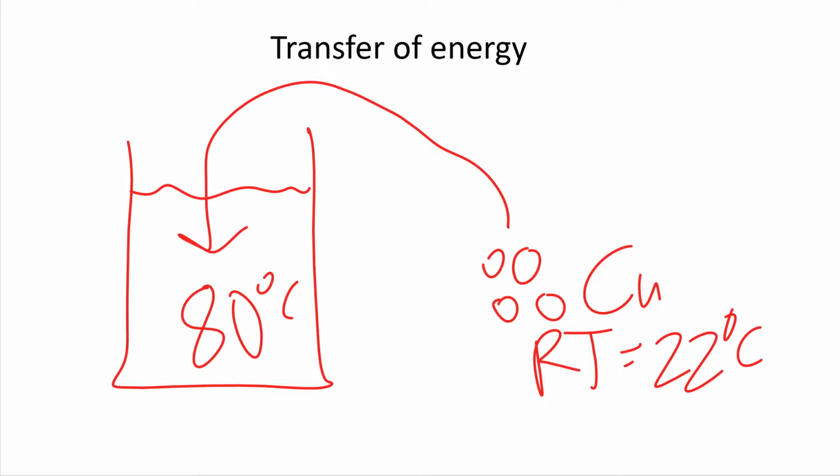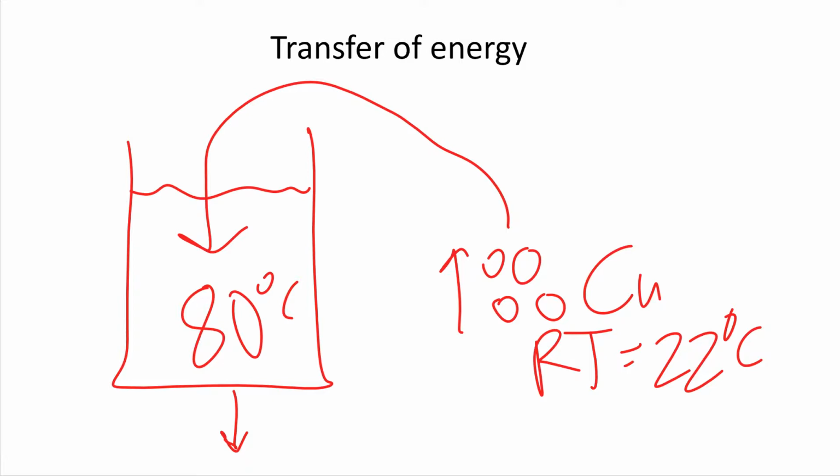The temperature of the water went down, and when you took the metal out, you noticed that the temperature of the metal went up. So that means they're moving towards thermal equilibrium. The temperature is somewhere in between 22 degrees Celsius and 80 degrees Celsius. At the end of that investigation, you figured out that there were several factors that affected transfer of energy.